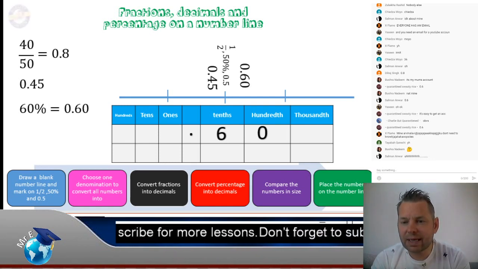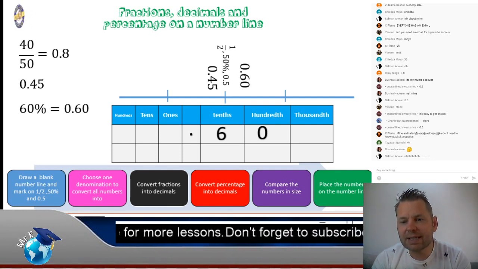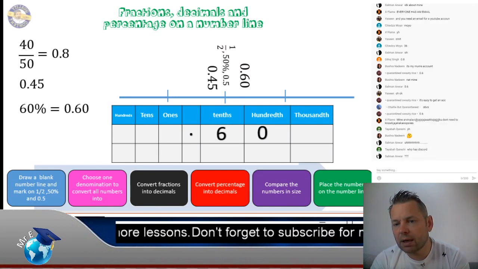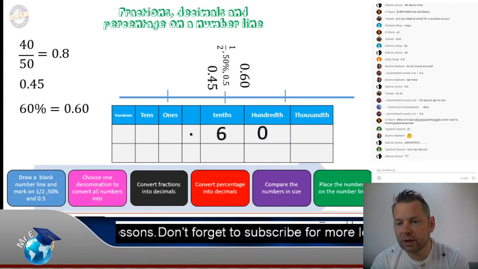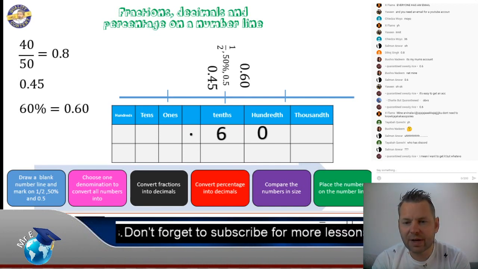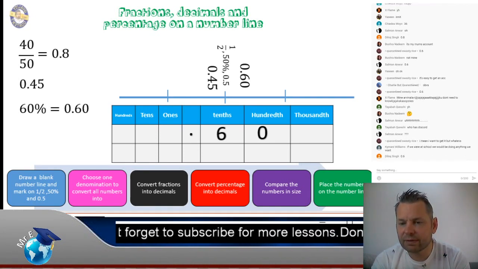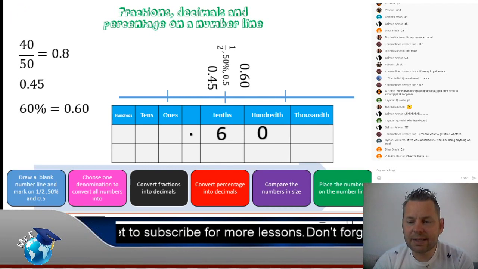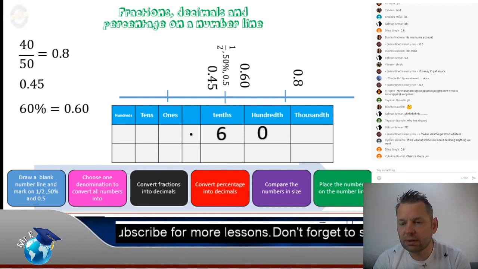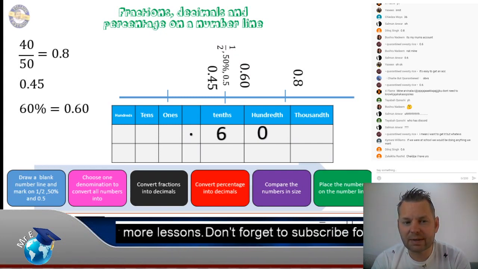Our 0.6, well 0.6 is between half and 3/4, so between 0.5 and 0.75. And then our 0.8 is after 3/4 because it's after 0.75.